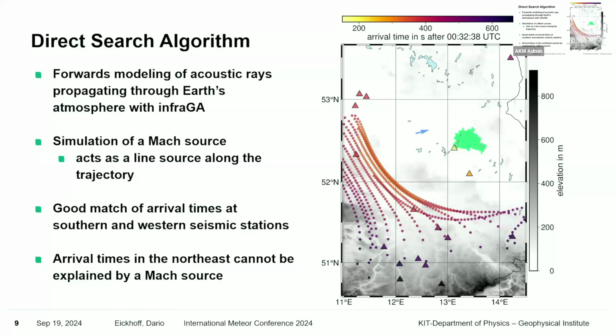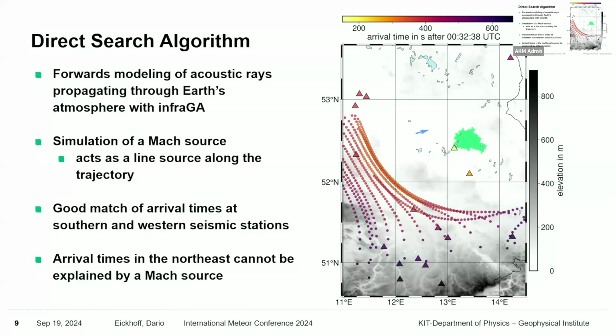The intersection points where these rays hit Earth are plotted here as these circles. And as you can see, these match. We predict arrivals with the circles, and we get measured arrivals with our triangles.